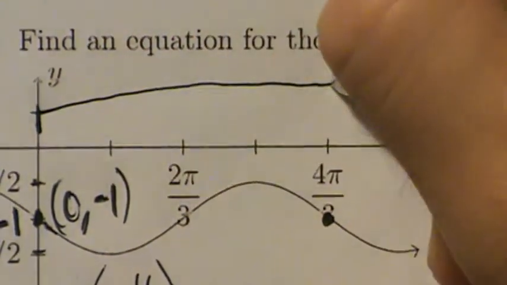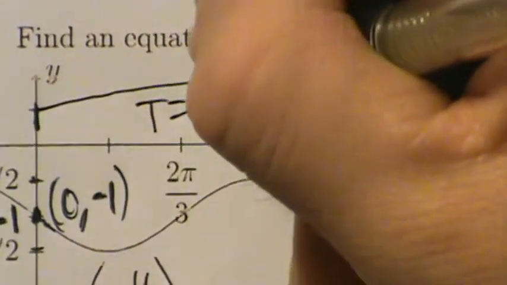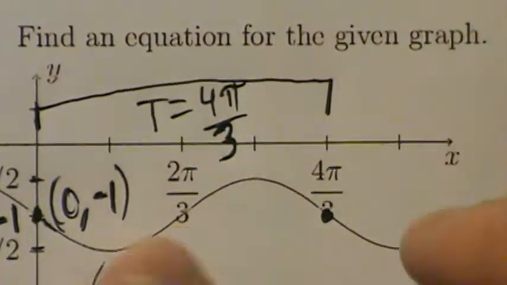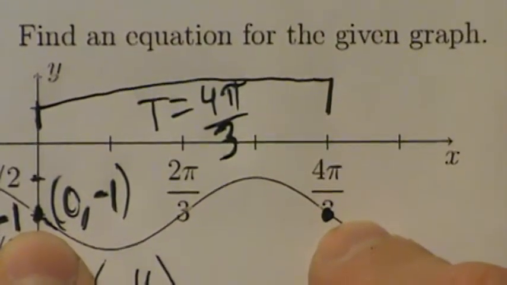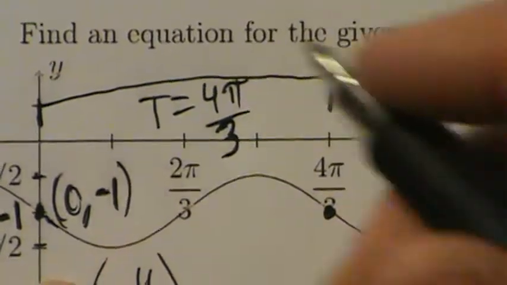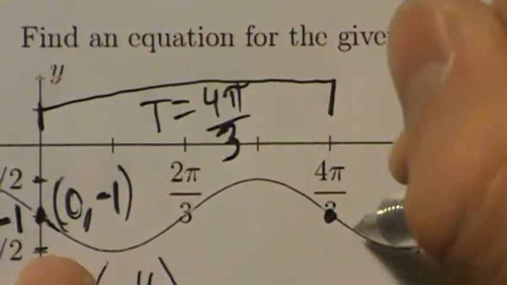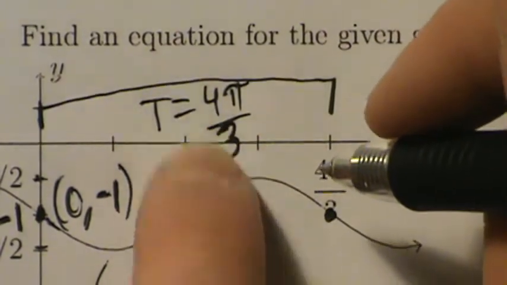So the distance from 0 to 4 pi over 3 means T equals 4 pi over 3. Remember, T represents the period, and since it takes 4 pi over 3 units to cover one complete cycle, after 4 pi over 3 units we start repeating again. So T, the length of one cycle, is 4 pi over 3.